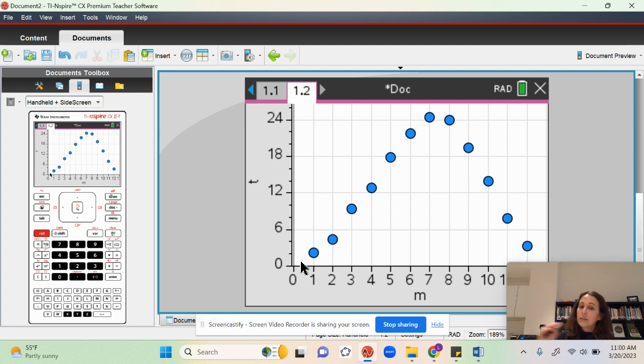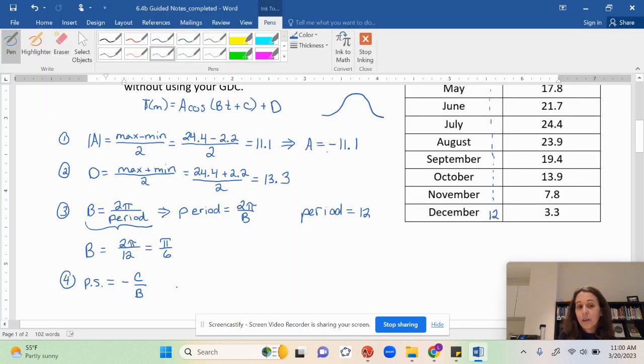Well, my minimum starts at 1, not on the y-axis. It's actually shifted 1 unit to the right here. And so I know that my phase shift is actually a positive 1.